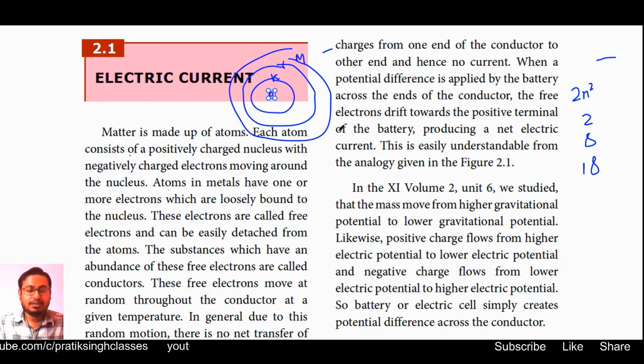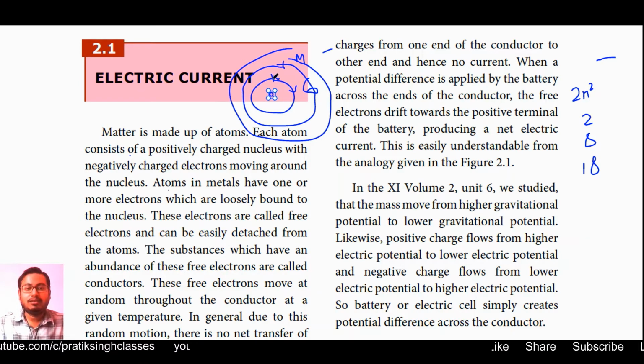Now just imagine that the first shell, or K shell, is fully filled. That means 2 electrons are there, rotating around it in a three-dimensional circular path. In the second orbit, suppose it is not fully filled and there are only 6 electrons. These will also rotate around the nucleus in a three-dimensional spherical path.